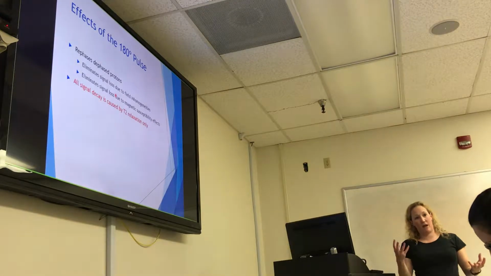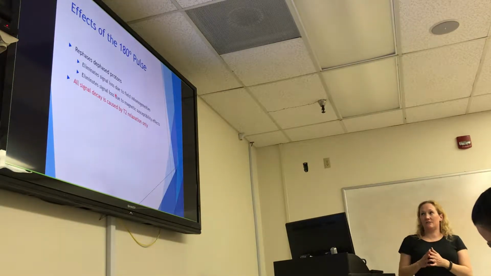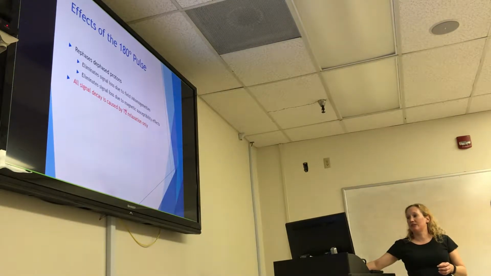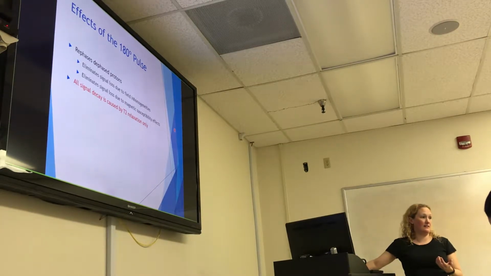So where the magnet's a little bit stronger, those are the fast ones. Where it's a little bit weaker, those are the slow ones, all right? So the field inhomogeneities cause that dephasing, and then we have our magnetic susceptibility, which on that molecular level, the tissues are differently affected by the magnet, and so again, they're gonna dephase because of that. But our 180 pulse is gonna rephase these two types of signal loss.